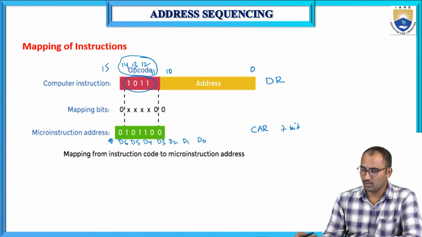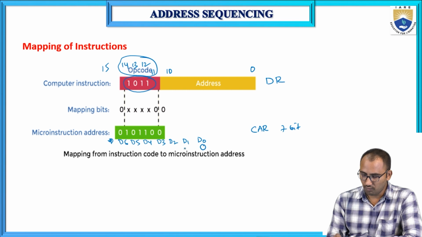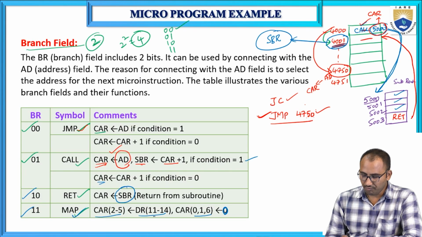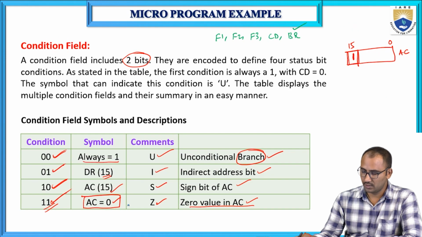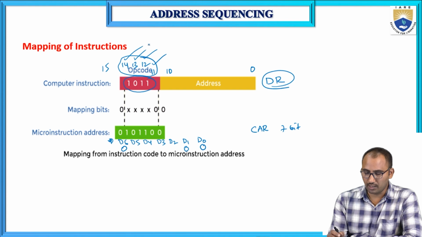So 0 we are loading into 0, 1, 6. Next, DR of 11 to 14 we are copying to D2, 3, 4, 5.